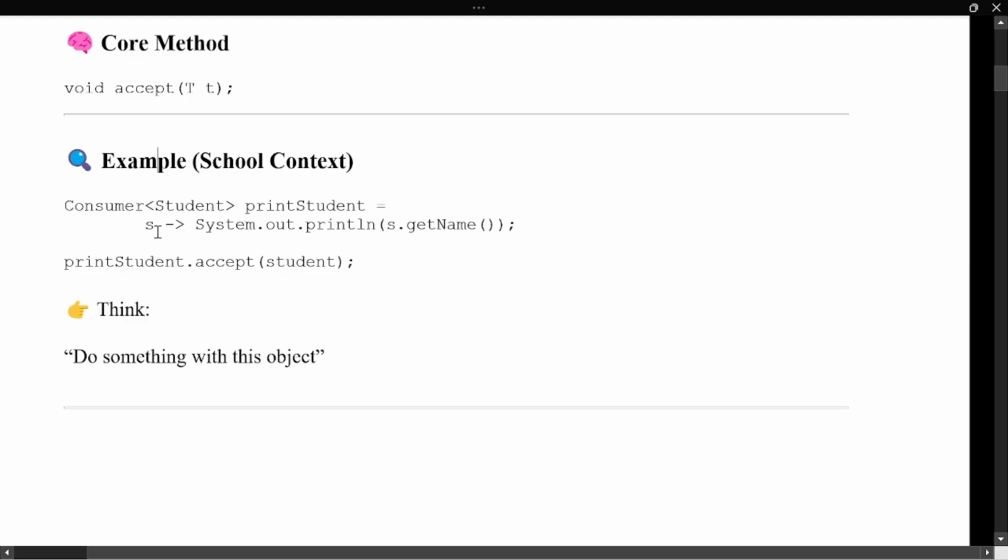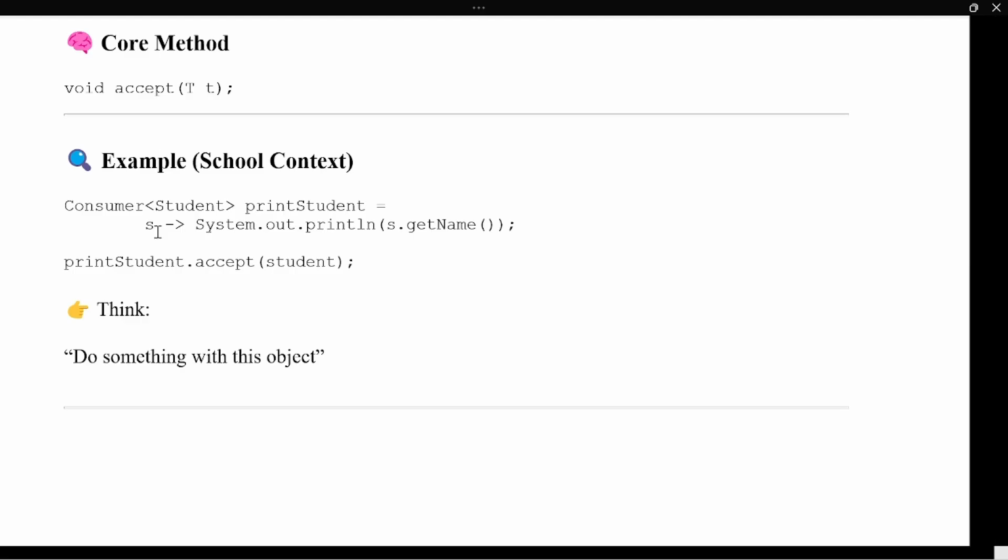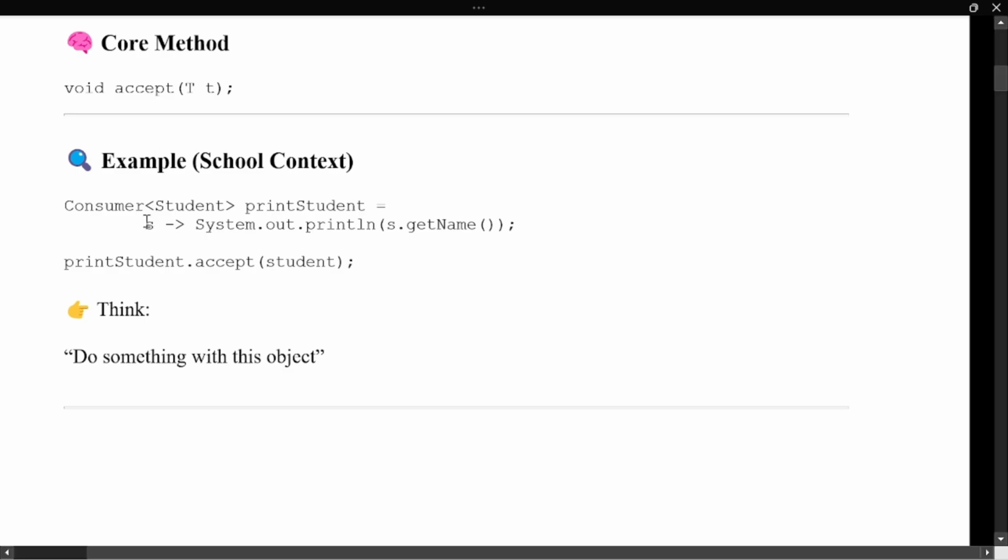Let us see an example in our school context. It takes a student object and it just prints the name, System.out.println(s.getName()). So here we have a Consumer of Student, variable name printStudent, which takes the student object and prints the student name.